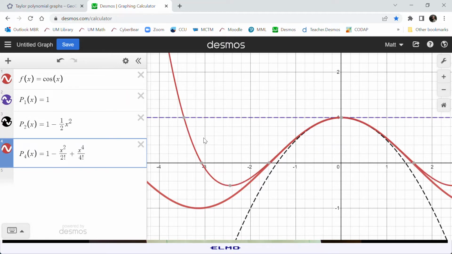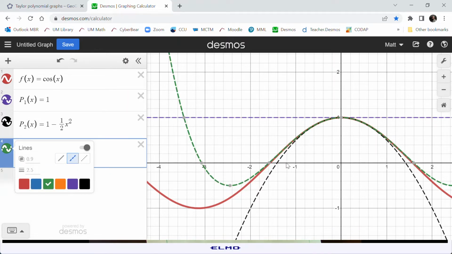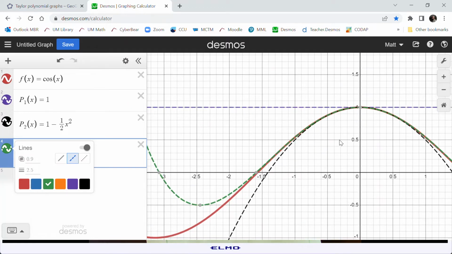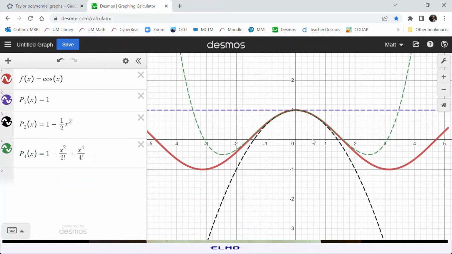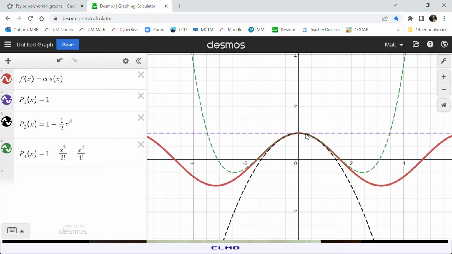And I don't know how you feel about that one, but let's put it in a different color, say green, and make it dotted. But now we can see an even better approximation of the cosine curve by the green 4th degree Taylor polynomial. So we're progressively getting better the more terms we add.